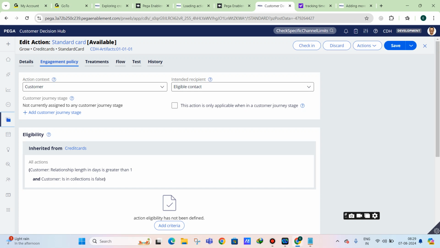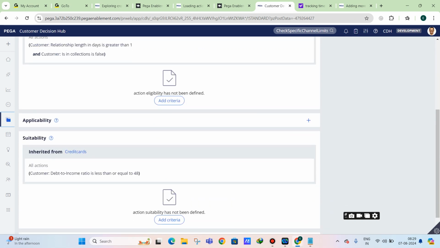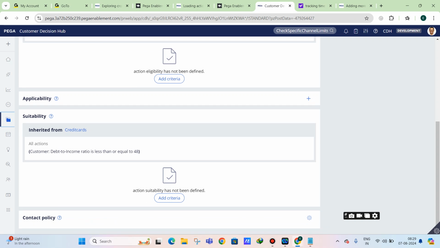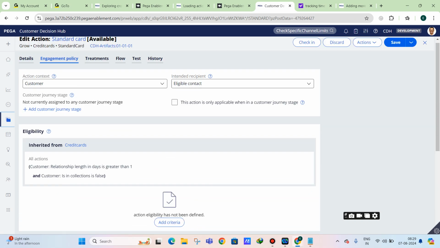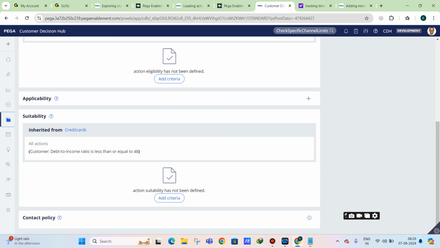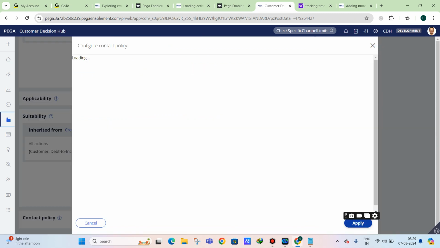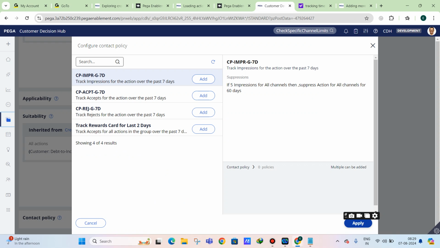What I mean here is the suppression rules. Which particular action do we need to restrict for the next 1 year when the customer has accepted it in the last 7 days? There you need to add the contact policies. You see here all the contact policy suppression rules are there.